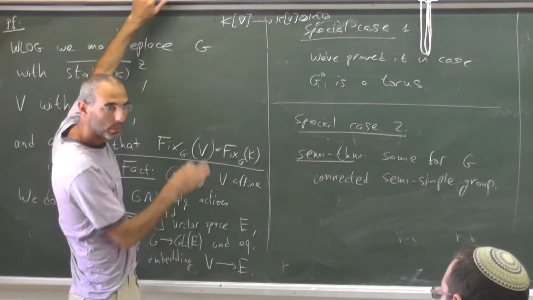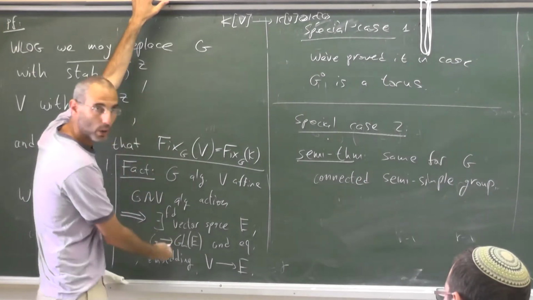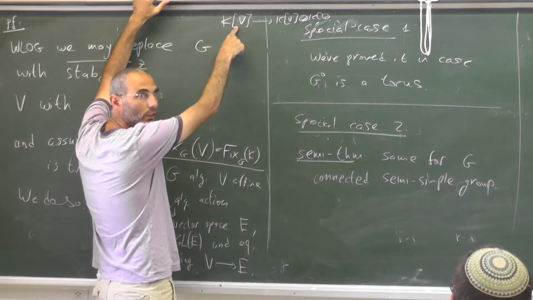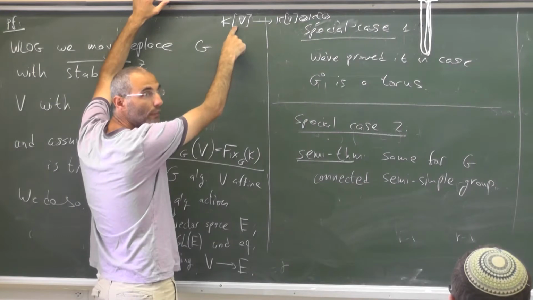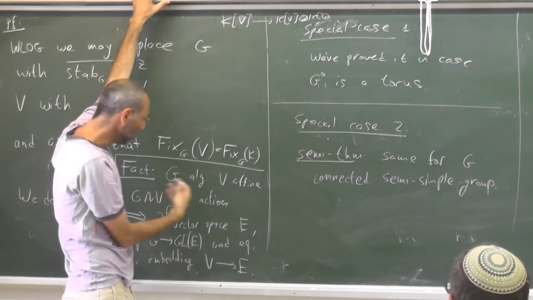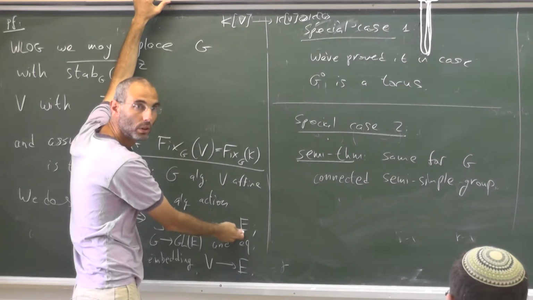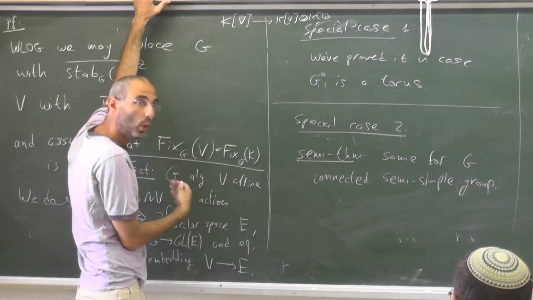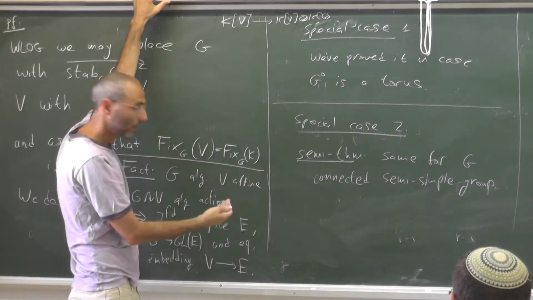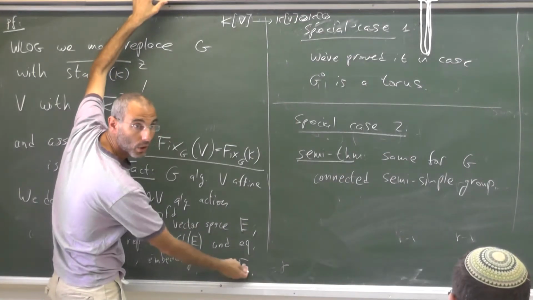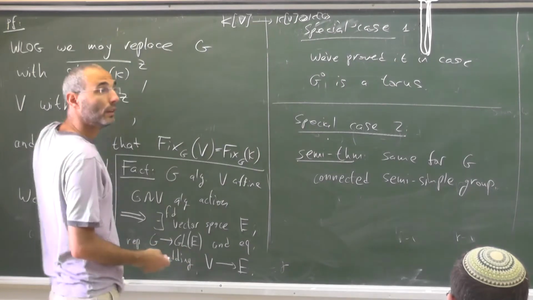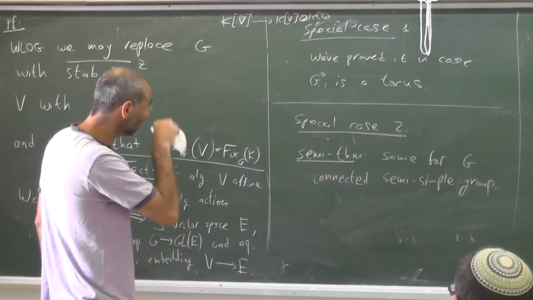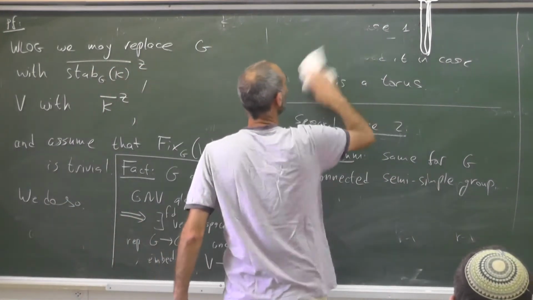I will just very vaguely tell you the recipe for how to construct this E. This is finitely generated. So take the generators. They are functions on V, f1 to fn. And take E to be the space generated by those, which is G-invariant. Those f's give you naturally an embedding, you can interpret those as some embedding into E. Okay, we have this one.